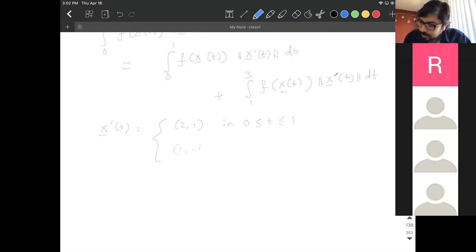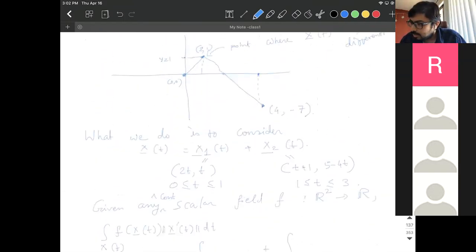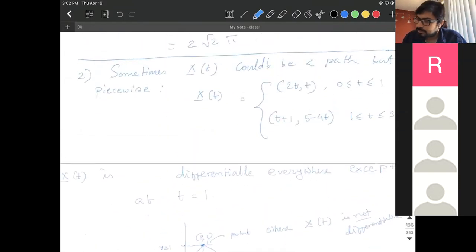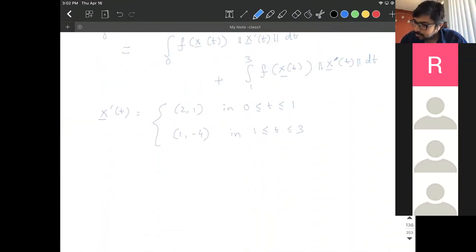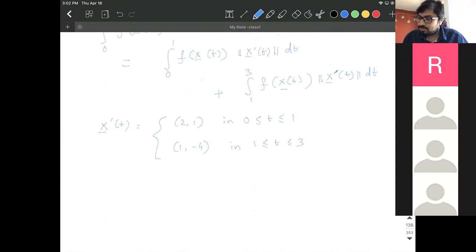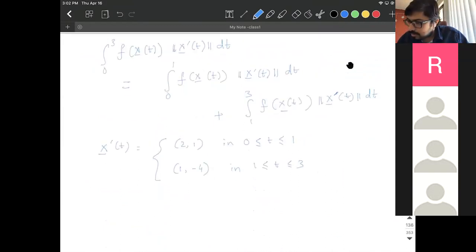And (1, -4) in this other interval, because for obvious reasons we have these paths. So you take the derivative. So it is (2, 1), and here it's (1, -4). So these are the two derivatives, and they are constants. So we have all the ingredients.